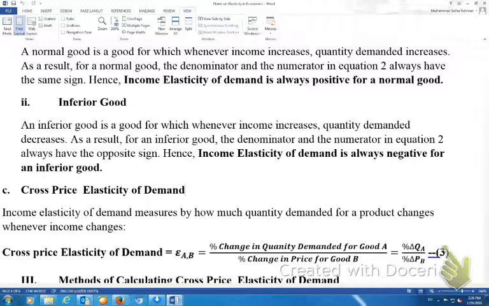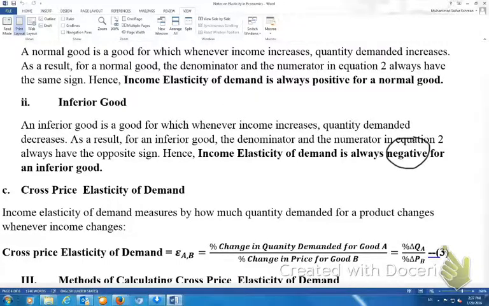When you graduate, when you have more income, you buy less ramen noodles, although the price of ramen noodles really did not change. Now, for an inferior good, the percentage change in quantity and the percentage change in income always move in opposite directions, and hence for an inferior good, the income elasticity of demand is always negative. That's a very important point.